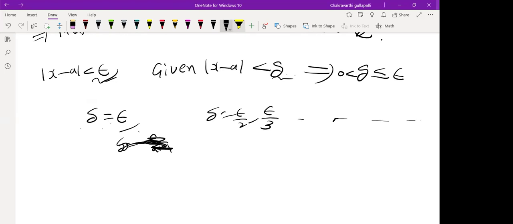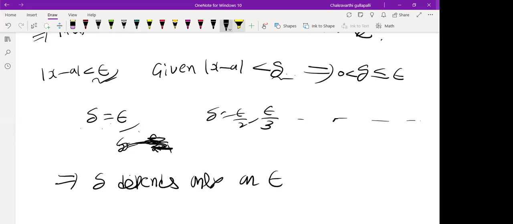Epsilon by 2 given, correct. Anything less than epsilon is a correct answer, and it should be positive. So you cannot have minus epsilon by 2. It should be epsilon by 2, epsilon by 3, like that. How many deltas? Infinitely many. So this implies delta depends only on epsilon, but does not depend on a.